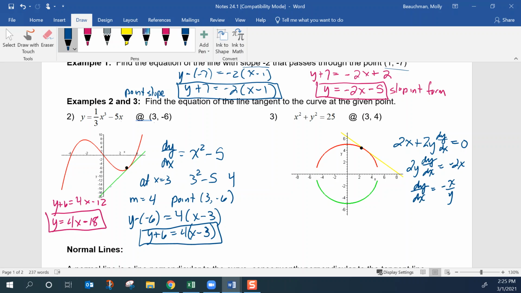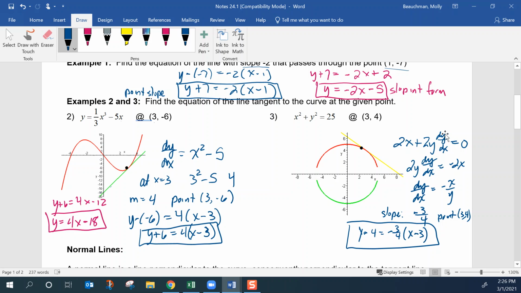So the slope, when x is equal to 3 and y is equal to 4, substitute 3 and 4 into our equation, and we get -3/4. And then we have our point (3, 4). So we get y minus 4 is equal to -3/4 times (x minus 3). For this one, I'm going to go ahead and leave it in point-slope form. But you can multiply it out, solve for y, and you'll also have slope-intercept form.